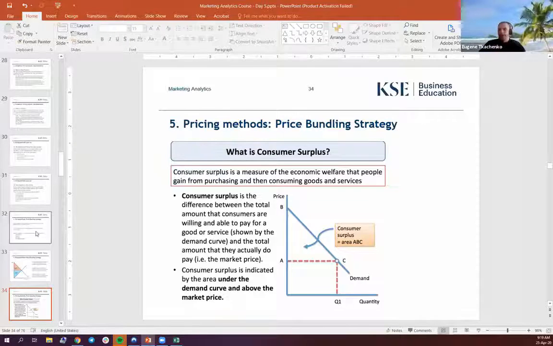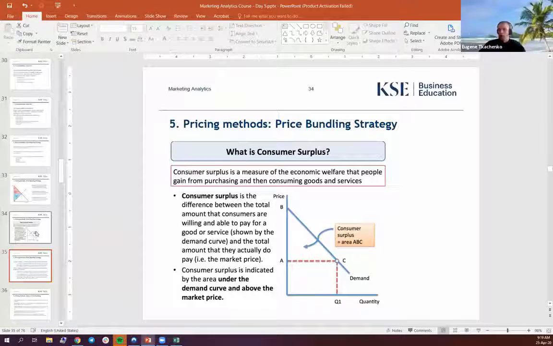If I'm getting this pen for 75 cents, either because of my strong beliefs or because I looked at the price somewhere on a different website and I know that the actual price is $1, but I'm buying it for 75 cents, that's a very cool deal. So that means that I'm maximizing my consumer surplus.